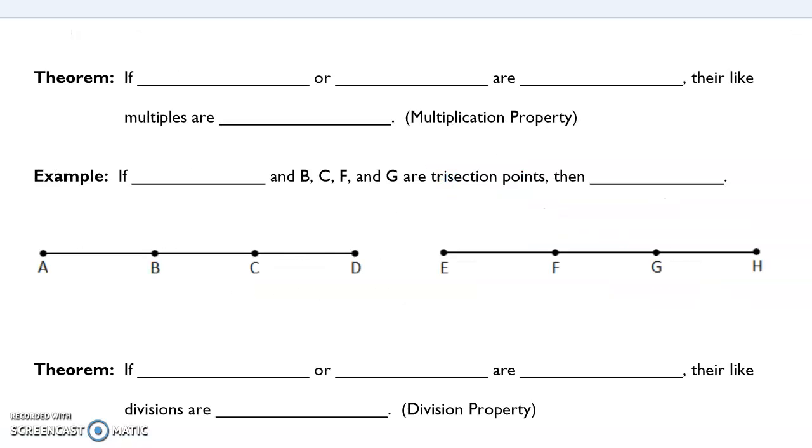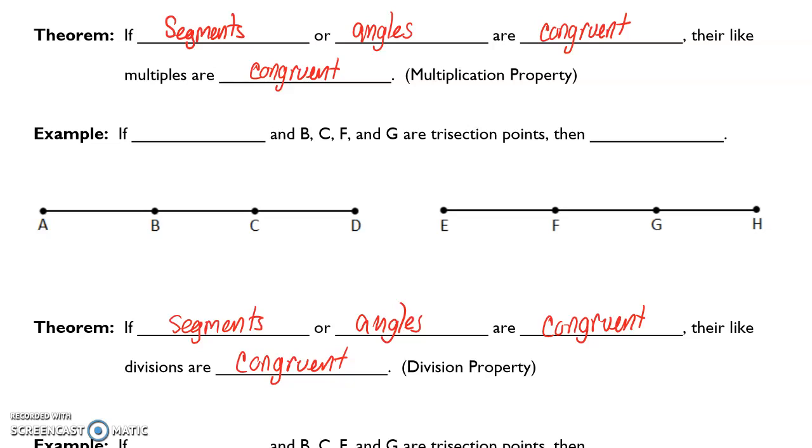Now, the multiplication and division properties are going to be similar, but there's going to be some small differences. And these state that if segments or angles are congruent, then their like multiples or divisions are also congruent. Okay, what does that mean? Let's look at an example of the multiplication first. In this case, we'll look at these segments.